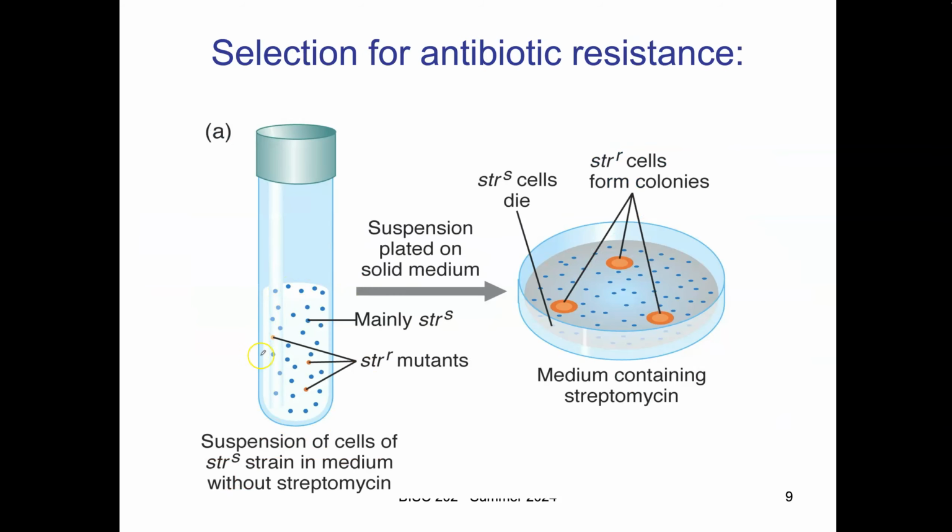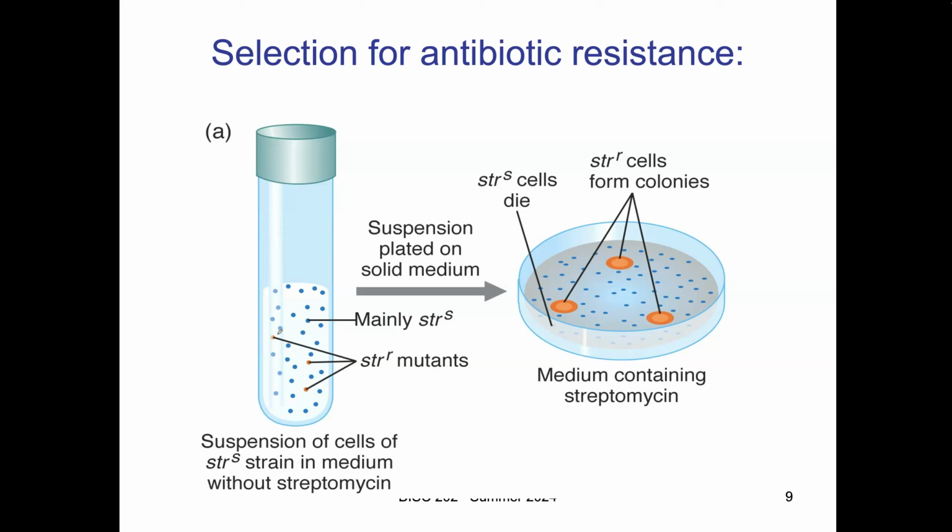So we've got a set of liquid cultures, and you've got a bunch of strep sensitive bacteria, but you are looking for, remember I said we can work on a very large scale, a small proportion of mutations in a particular gene that will allow the cells to grow in the presence of streptomycin.